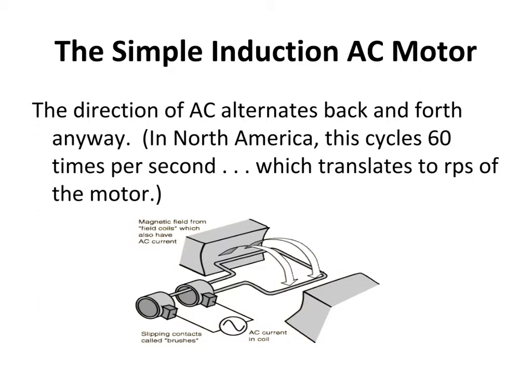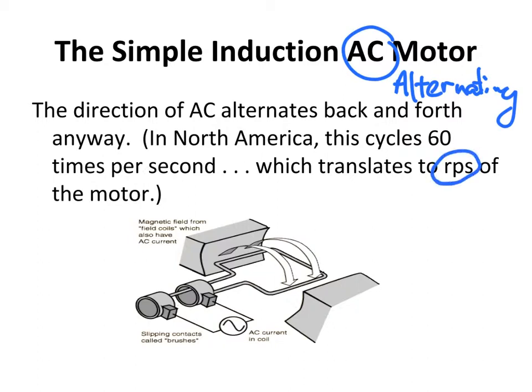And AC, of course, means alternating current, which means that the current goes back and forth over time. And in North America, that happens 60 times every second. So 60 cycles per second, or 60 hertz, which really means that the motor has to have 60 rotations per second in order to work properly.